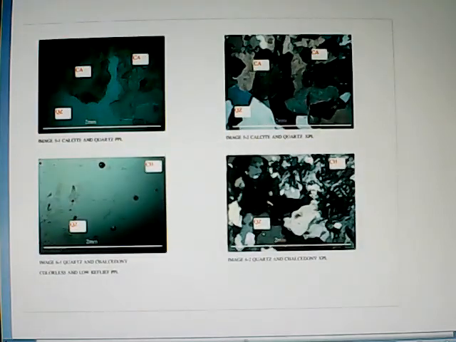I had a thin section made of the glass, and as you can see, they indicate it's mostly chalcedony. Here's some of the shots they took of it through a microscope.